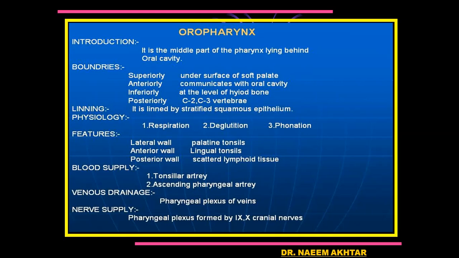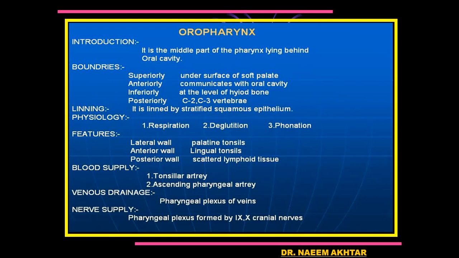In the lateral wall of the oropharynx, we have palatine tonsils, which are very important structures, which when inflamed, the disease is known as tonsillitis. In the anterior wall, the oropharynx contains lingual tonsils, and in the posterior wall of the oropharynx, there is scattered lymphoid tissue in the submucosa.